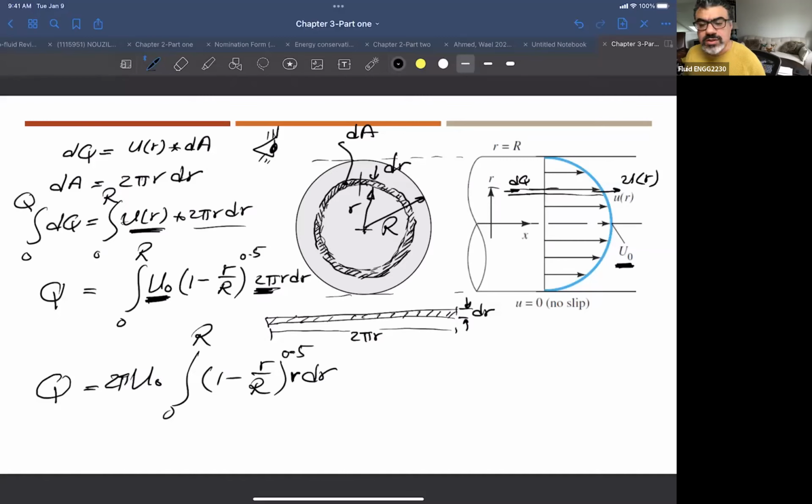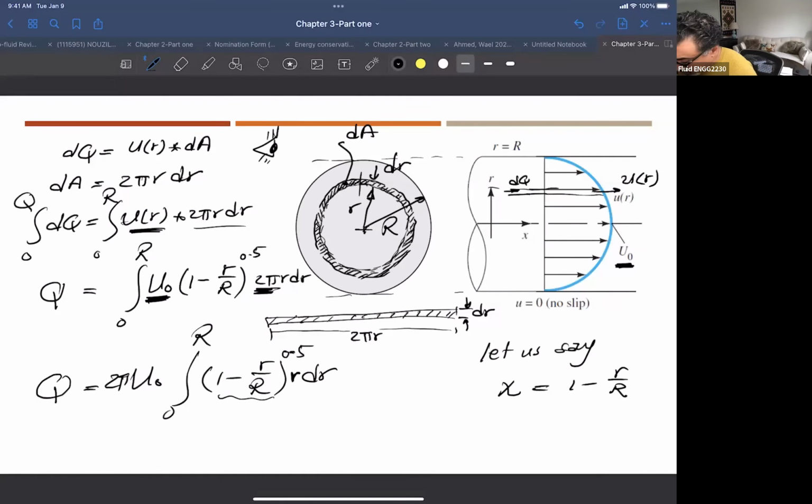Okay, let me remind you with some of the math. Because we have a function here that is not like r squared dr, so it's not a very simple integration. It is multiplied by 1 minus r over R. So in order to simplify this equation for integration, what we can do is, let's say, for example, let x be 1 minus r over R. Why am I doing this? Because there is an exponent here that is 0.5.